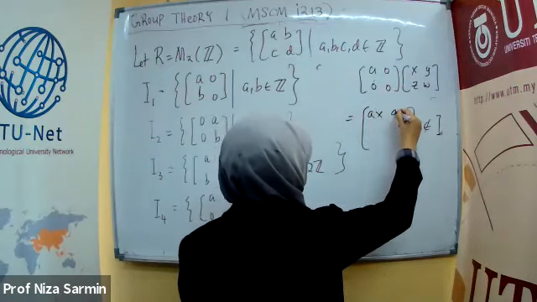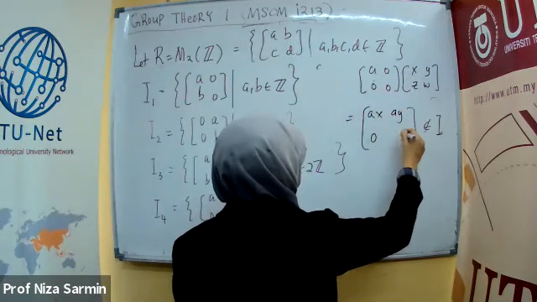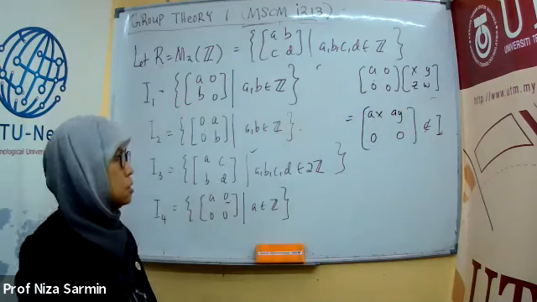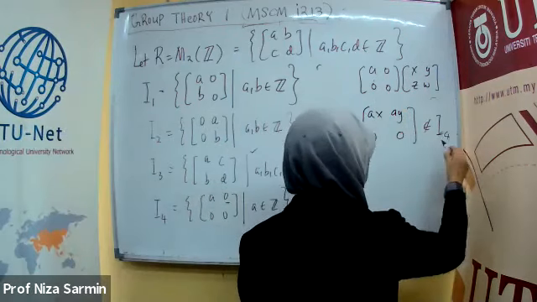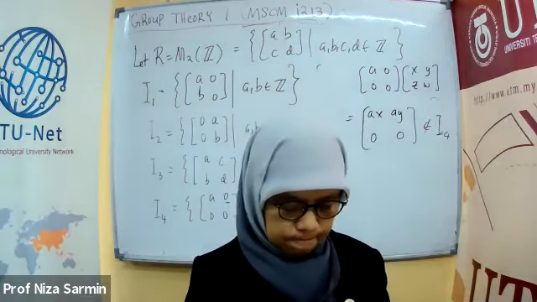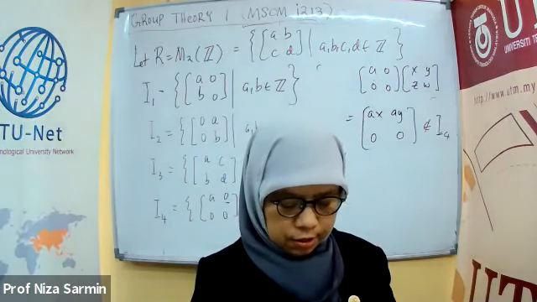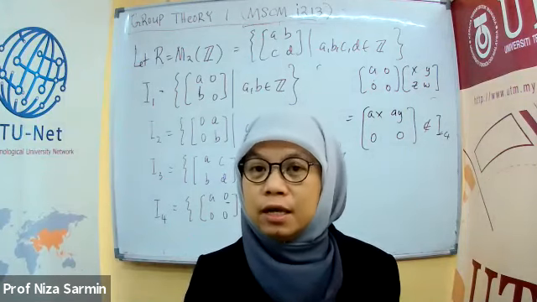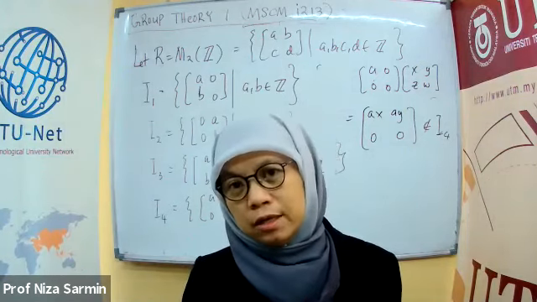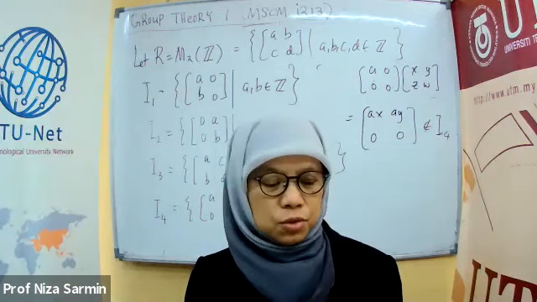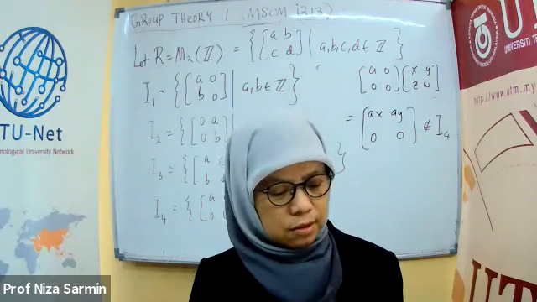AX, AY, 0, 0. So this is not in I. The intersection of right ideals gives a right ideal. The intersection of left ideals is also a left ideal.